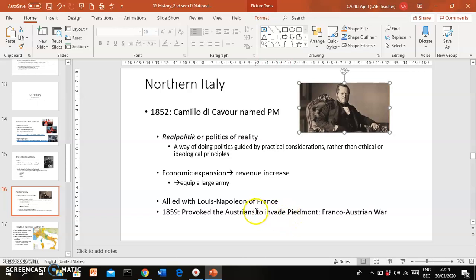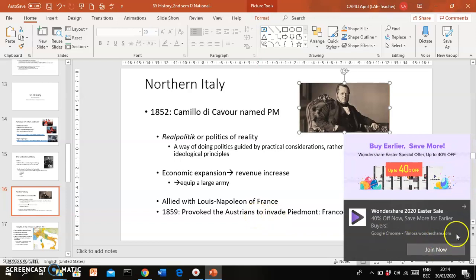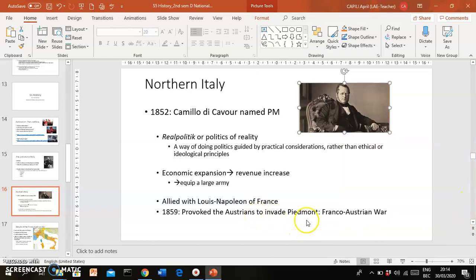So Cavour devised a way to provoke the Austrians to invade Piedmont, so that in response, the French and the Italians would go to war against Austria.